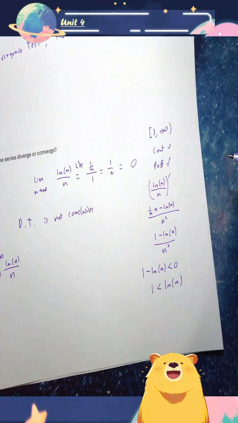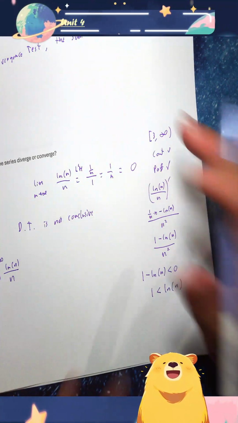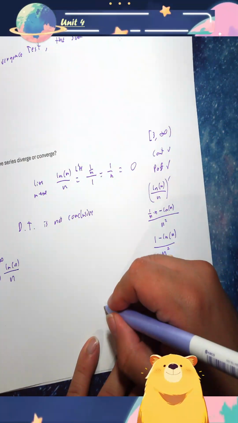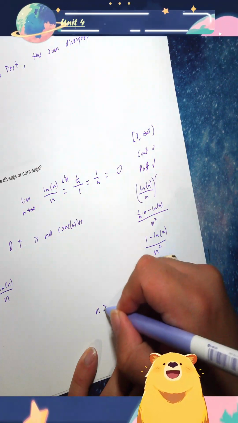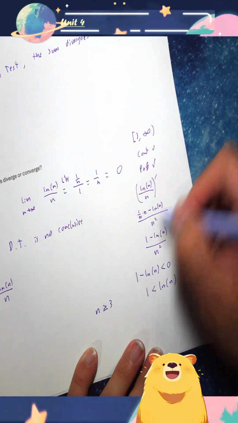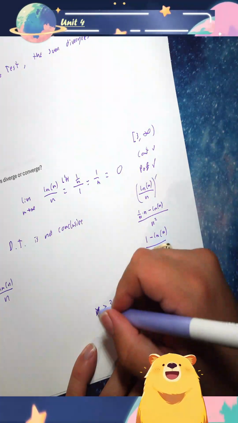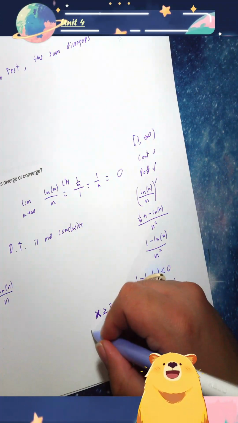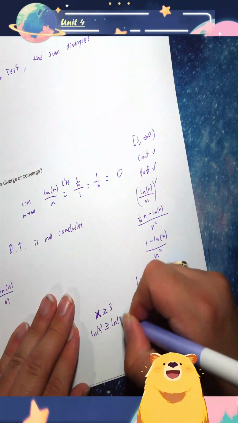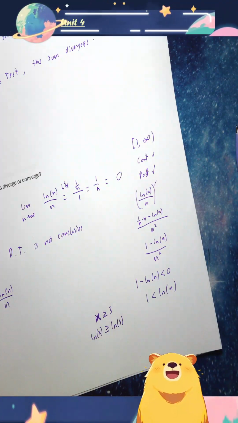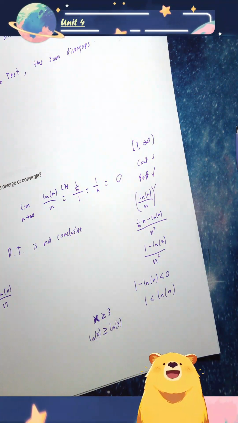And the way we can determine that is if we pay attention to domains. Don't forget, you're technically in the realm of 3 and above. So if you start with n being greater than or equal to 3, or by this point you could also be saying x, because you do change the function notation, x greater than or equal to 3, then if you take ln of x, and ln of 3, I know you don't get 1.